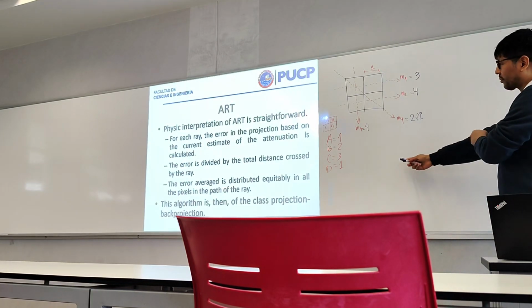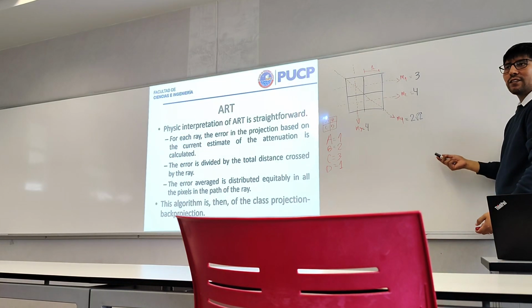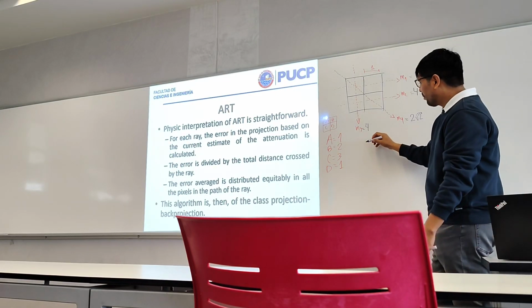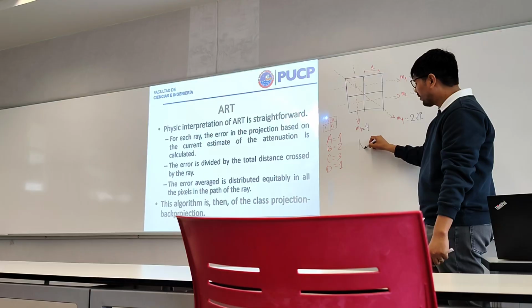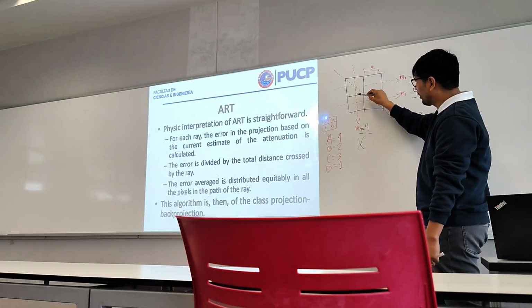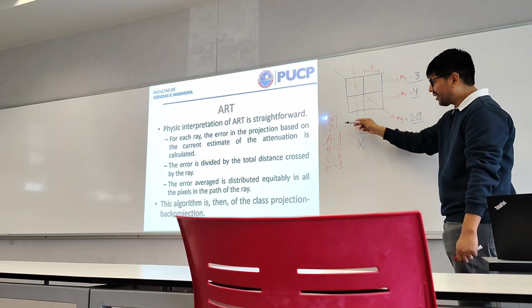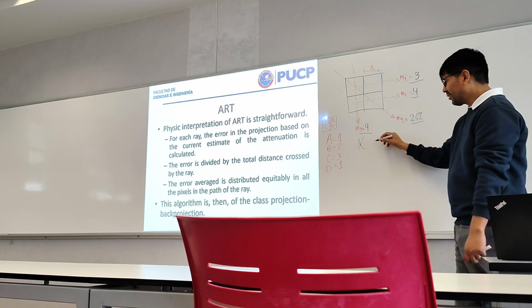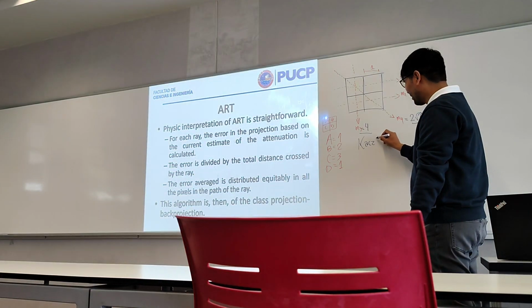So this is the real value. But then the question is, imagine we know only this, and from this we want to calculate the values of ABCD. How can we do that? We need to do the Kaufman algorithm.